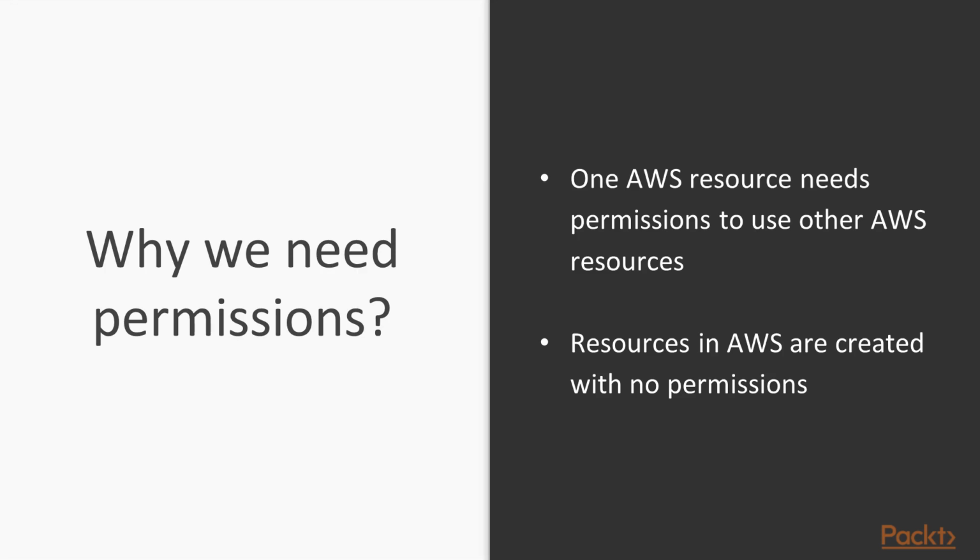Because when any new resource is created in AWS, like the Lambda we created, by default it doesn't have any permissions over any other AWS resources. Therefore, it's important to understand the creation and granting of permissions to be able to use AWS in a secure way and to create systems where different resources can communicate with each other.